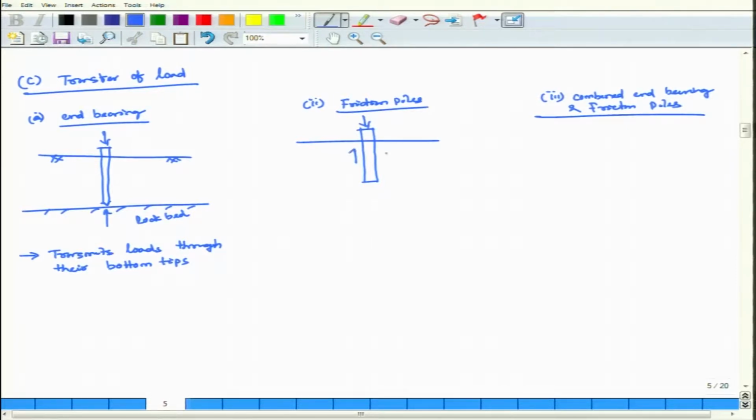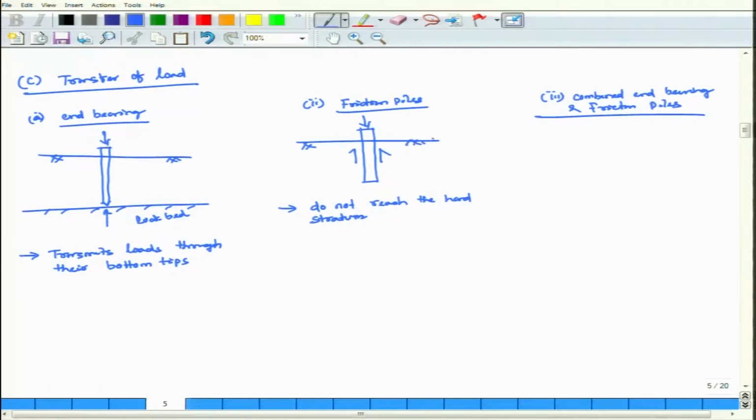Then there is a friction pile. Friction pile means the load is taken by the pile by means of your side friction. What does it mean? In this case, the pile does not reach the hard stratum.